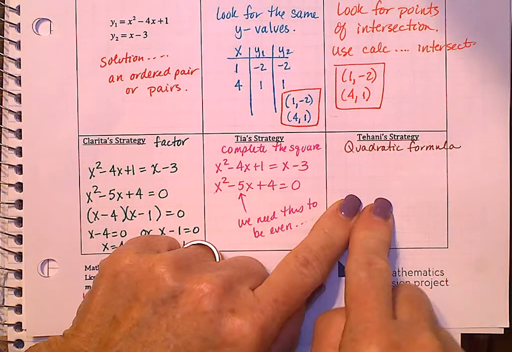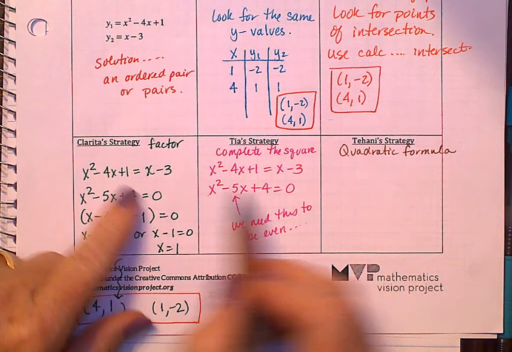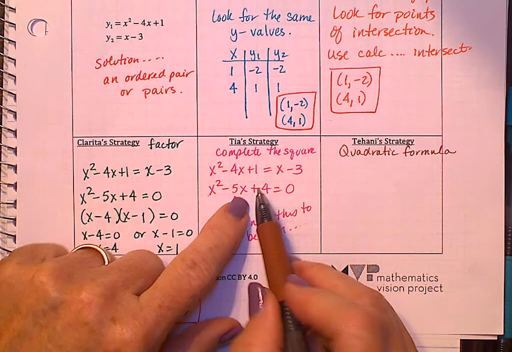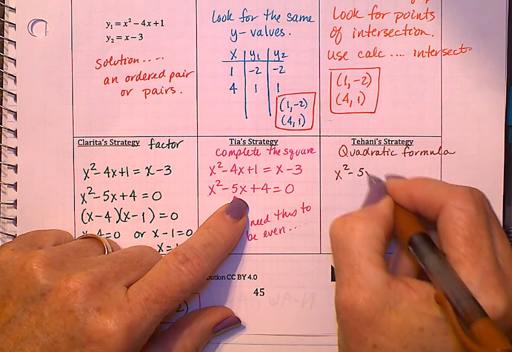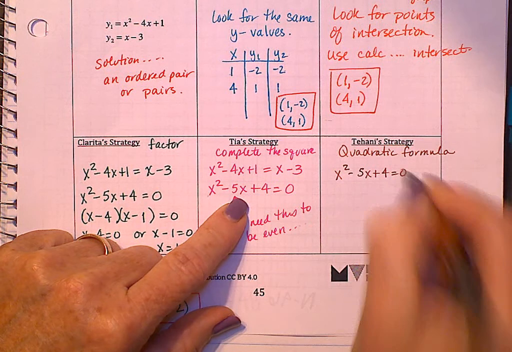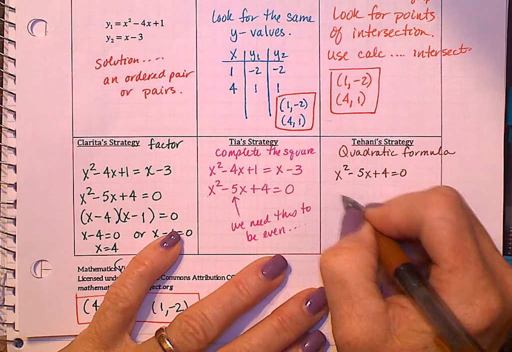Tahani's strategy with quadratic formula. We're going to have to start just like Clarita did and just like Tia did, and we're going to have to get that into that x squared minus 5x plus 4 equals 0 situation. And now we can plug through the quadratic formula.